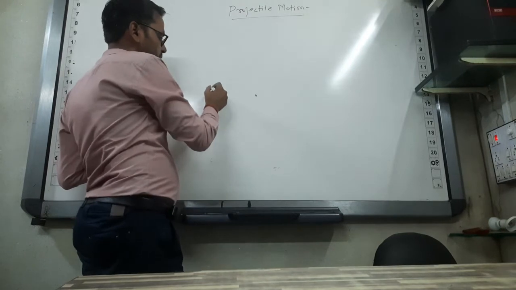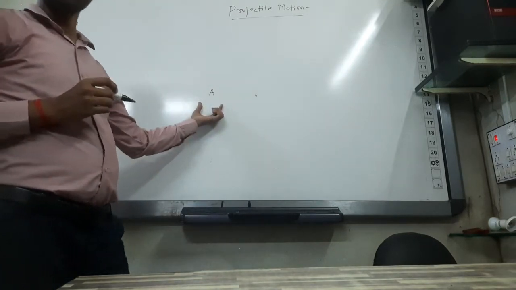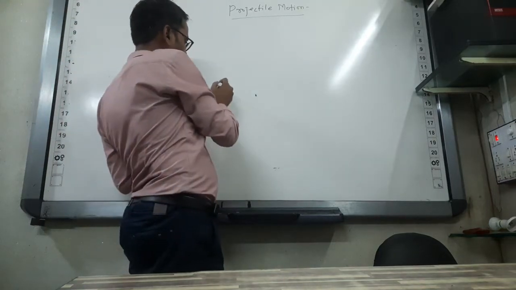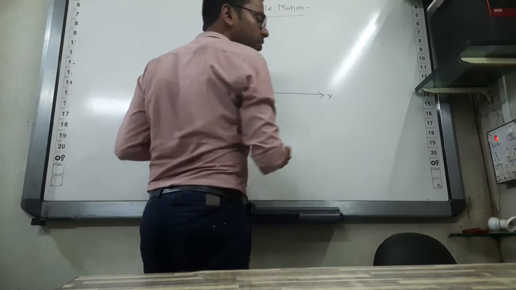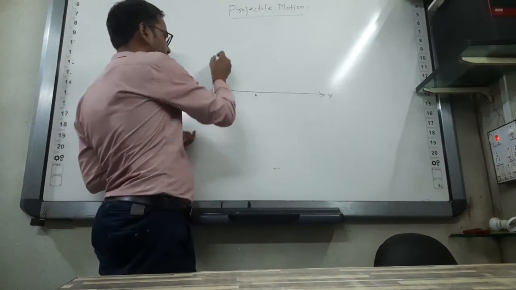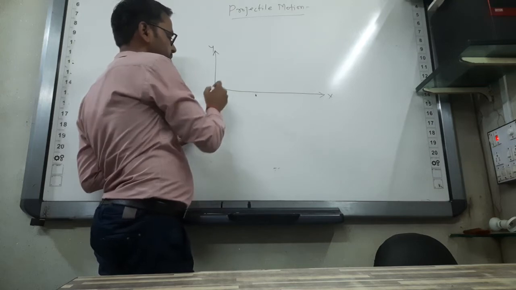Suppose there is a point A where a ball is placed and it is kicked. Suppose this one is the x-axis and this one is the y-axis, and the ball is placed here.